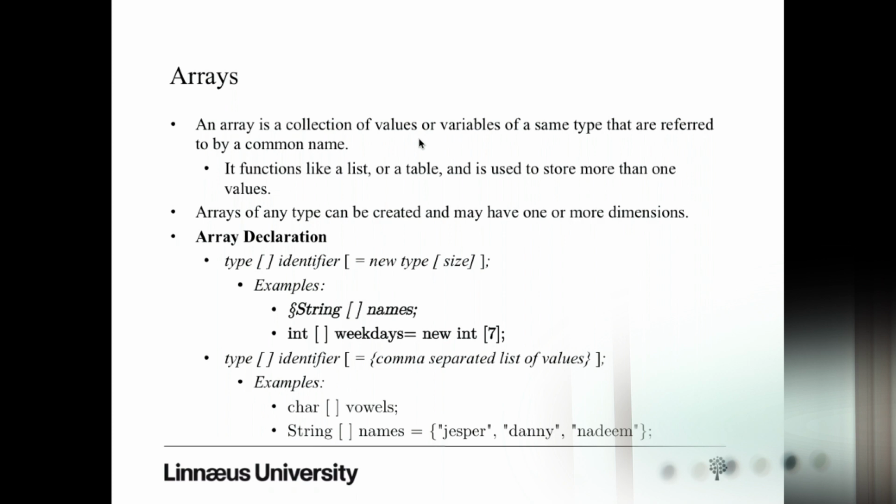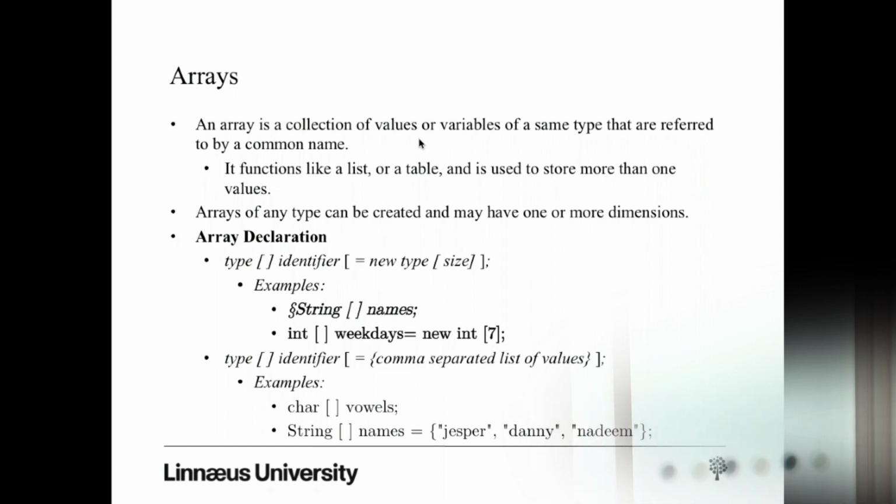I will remove it before uploading the slides. So here String is the type, and then you have this square bracket. Here you have just created an array reference variable, but you have not created any object. You have not specified the size.